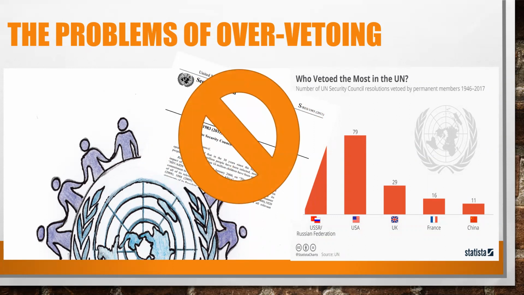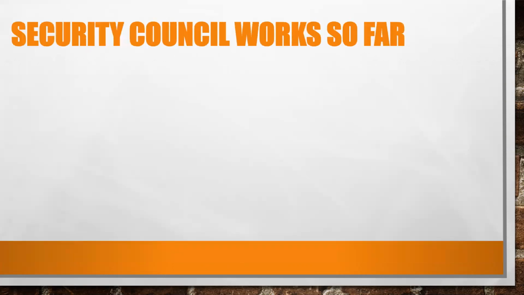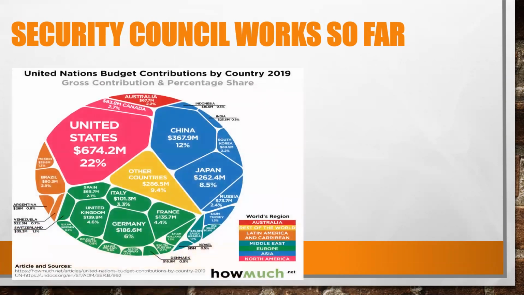While some say this veto is very unfair, you can think of it the other way as well. These countries that veto the most happen to pay for most of the peacekeeping forces. If you're the one paying the most support, you can also say you should have the most right to say what to do with the money you contributed.